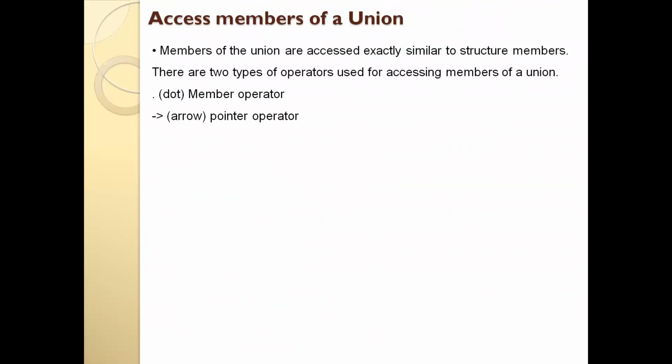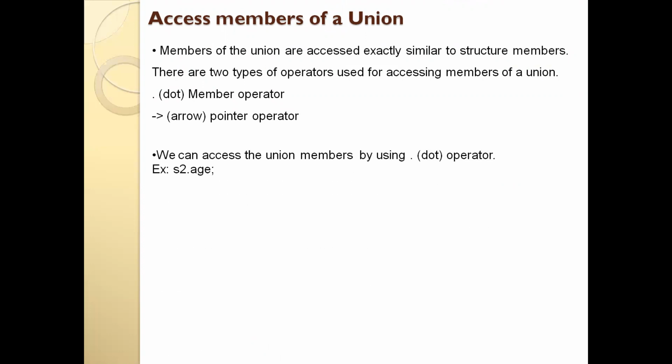Now let us see how to access the members of the union. Here we have two different ways for accessing the members of the union: one way is by using the dot operator, and another way is by using the pointer operator. Just similar to the structure members, here also the union members will be accessed by using either the dot operator or the pointer operator.